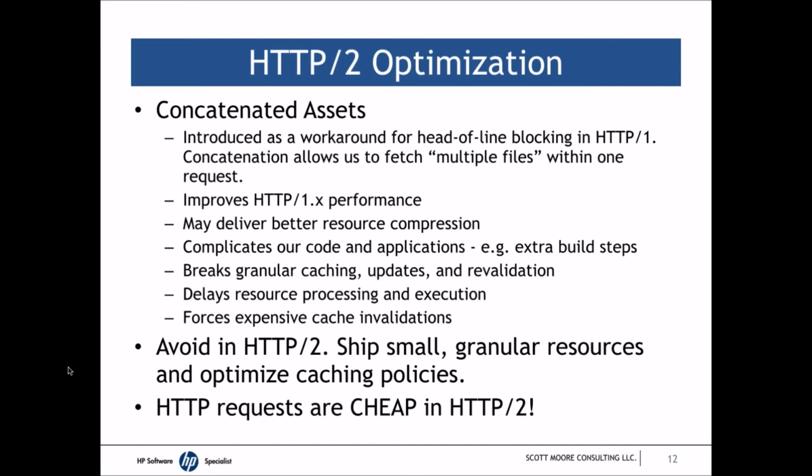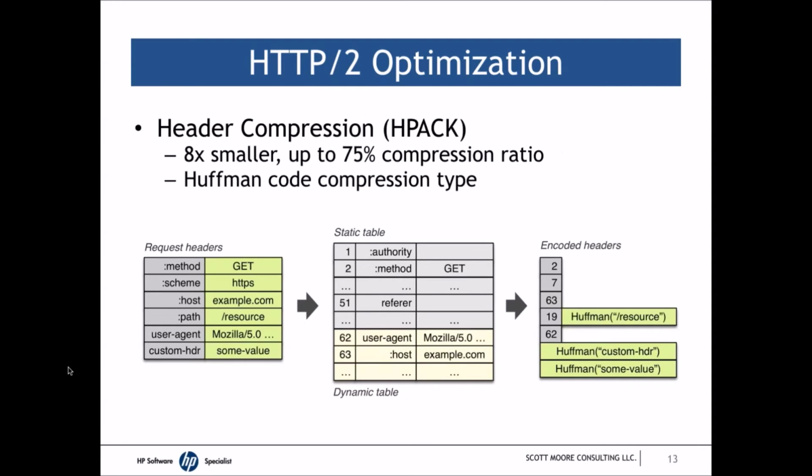That was obviously done to deliver better compression and reduce the number of round trips, but again, it causes a lot of problems with H2 because now it starts messing with your caching, and it starts delaying the processing of certain things that H2 would want to process maybe sooner. So feel free to ship granular resources and then look again at your caching policies, which I'm going to talk about in just a minute. I want to talk about compression first.